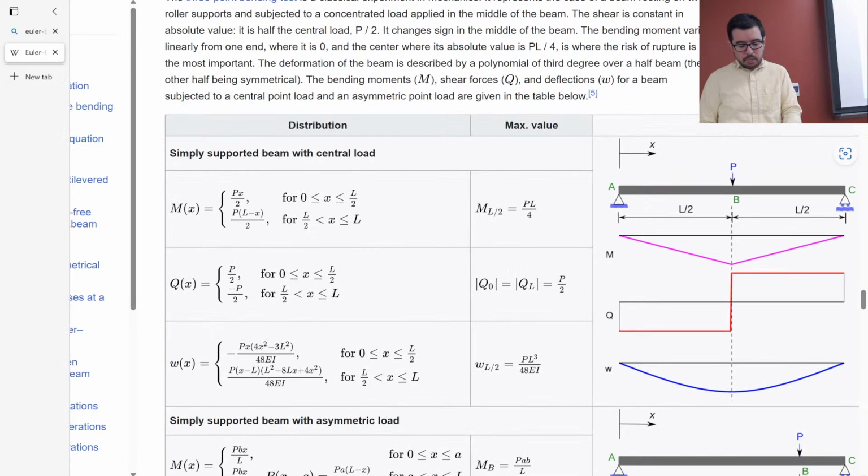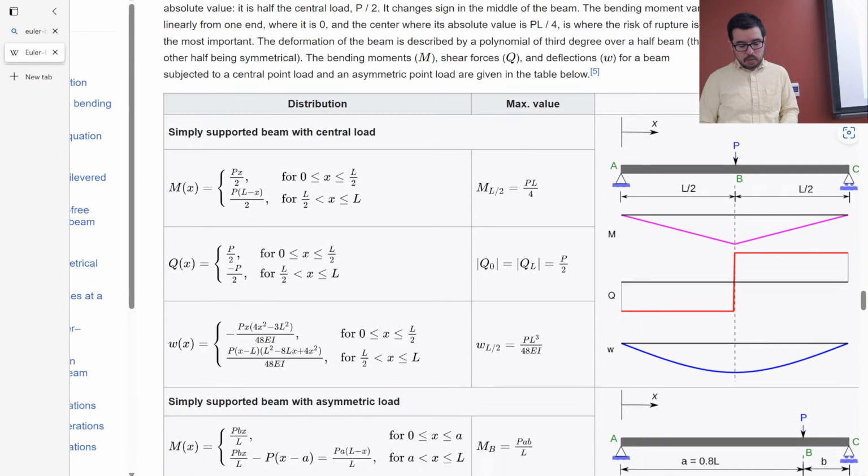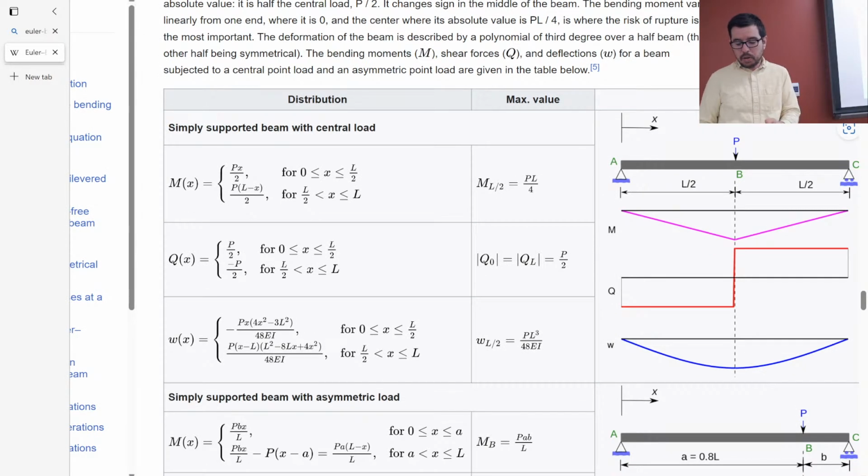So this one's kind of a famous one. All right, so it's a point load in the middle, pin. And they're using different nomenclature. We use V, they're using W here. But the displacement at this location is going to be PL cubed over 48 EI.